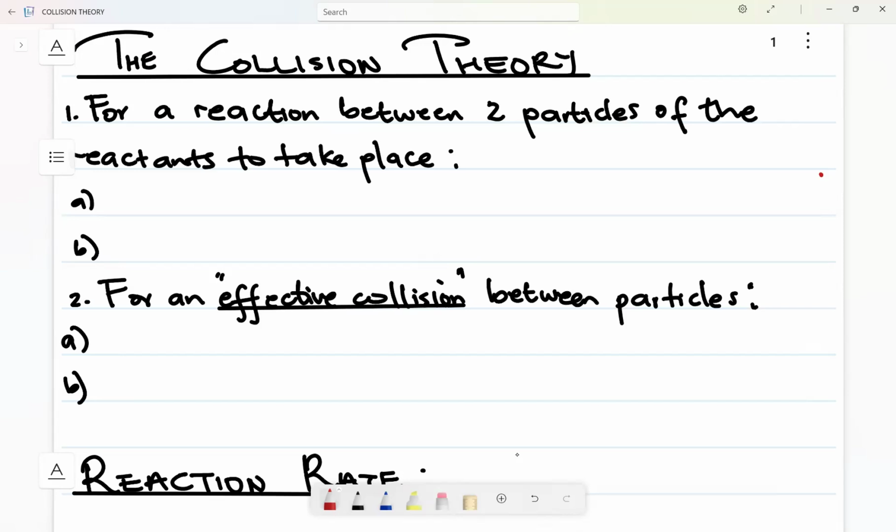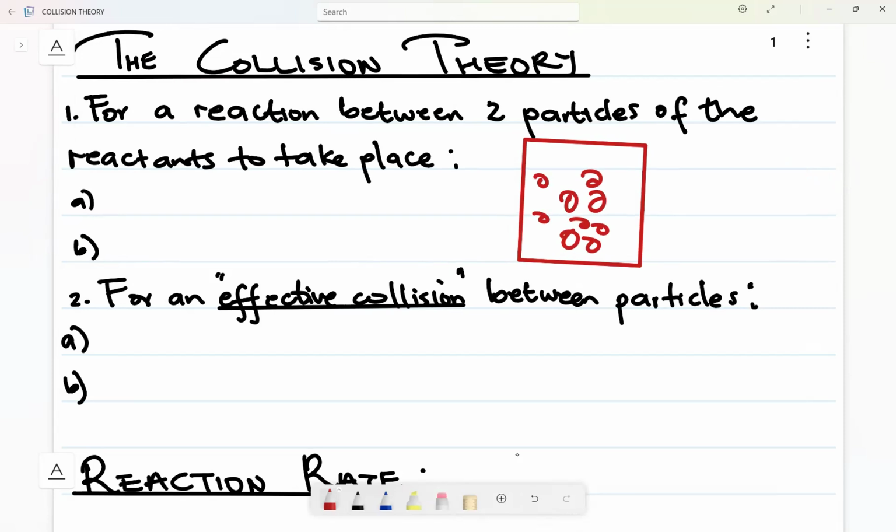Before I continue with everything, remember, in a reaction we have particles. Let's say this is an enclosed chemical reaction. Now we have particles, right? So remember, for a chemical reaction to occur, those particles should do what? Should collide.